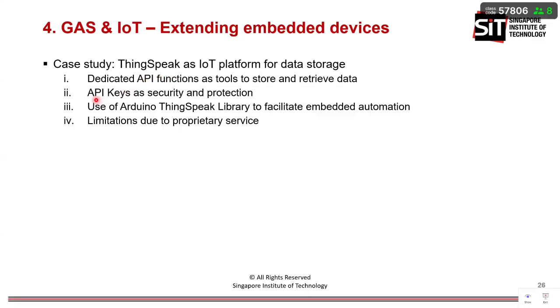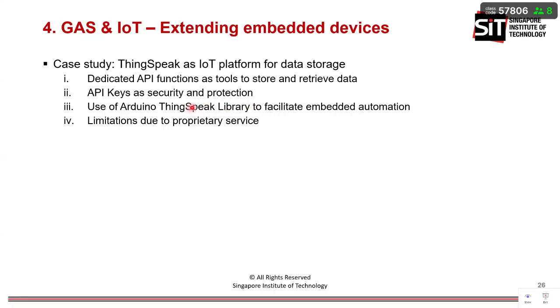We discussed API keys as security and protection, where only with keys can you do updates. If your channels are public, then you don't need the read key. But if your channels are set as private, then you need the read key and so on.